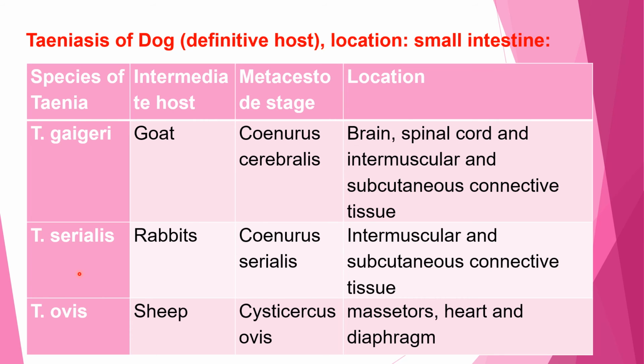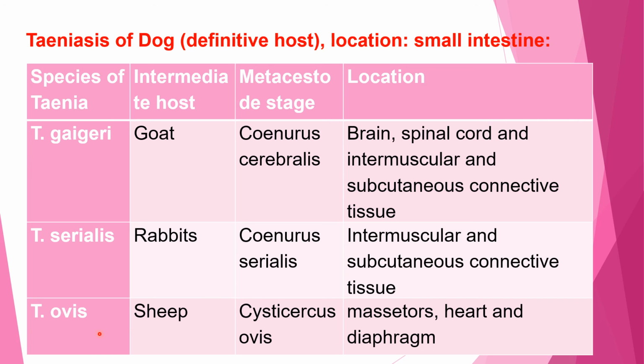Next, Taenia serialis, intermediate host rabbit, Coenurus serialis, cyst in intramuscular and subcutaneous connective tissue.